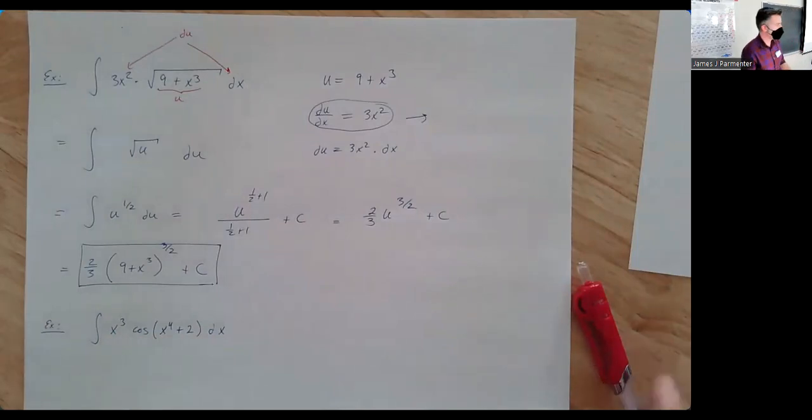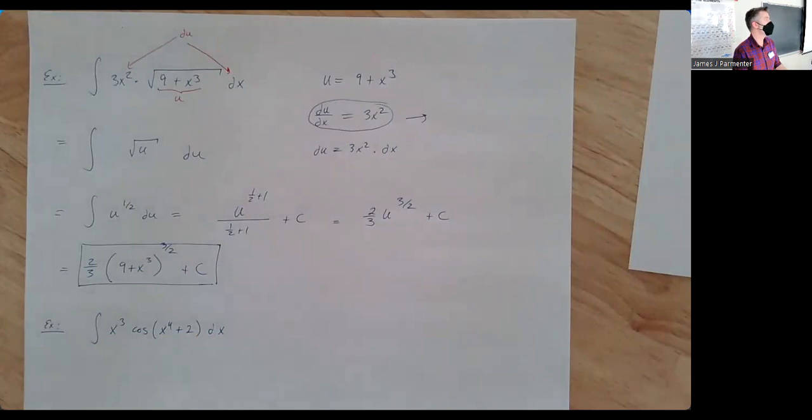What's a seemingly good choice for u? The choice I would make is x to the 4th plus 2. It's a little tricky, but it's not very tricky.